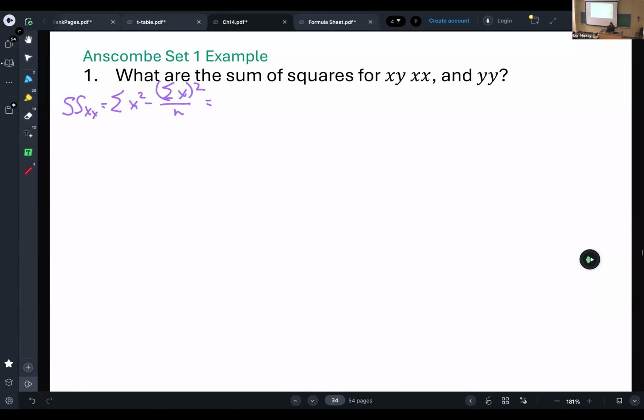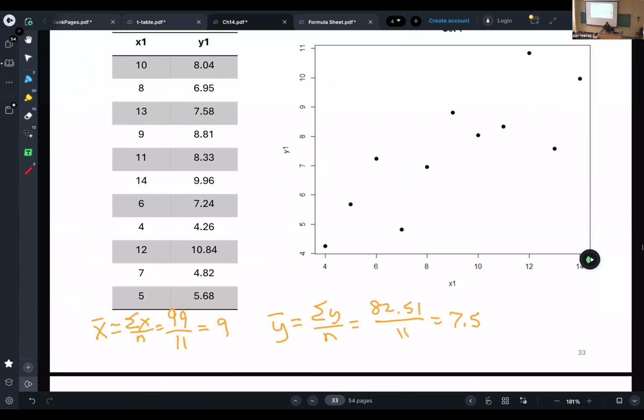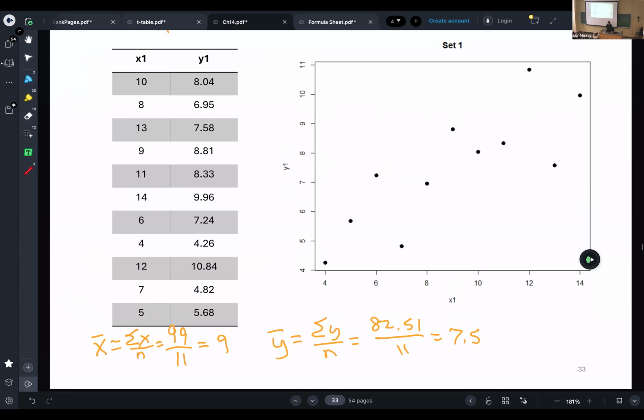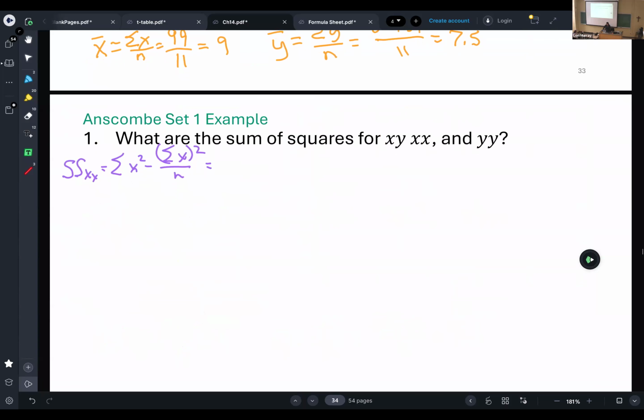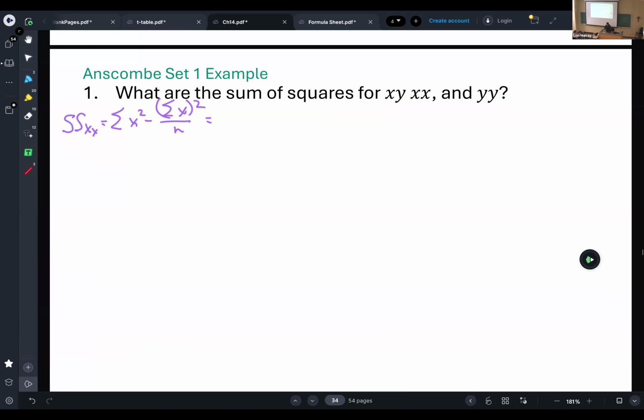For the sum of the x's squared, you need to take each x and square it. Here are our x's. We're going to take 10 squared plus 8 squared plus 13 squared, and you just keep going until you get a value.